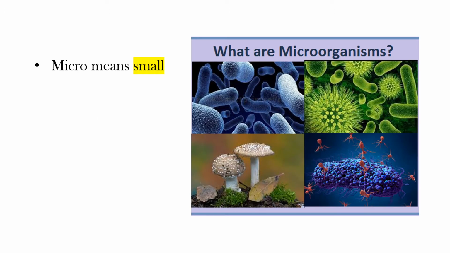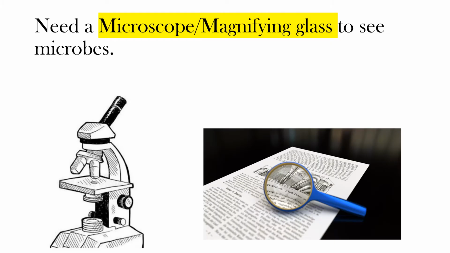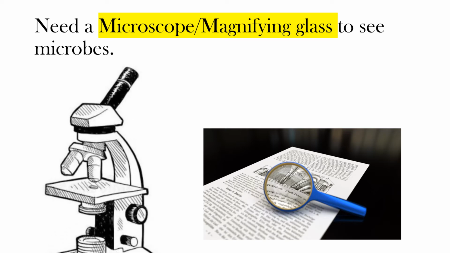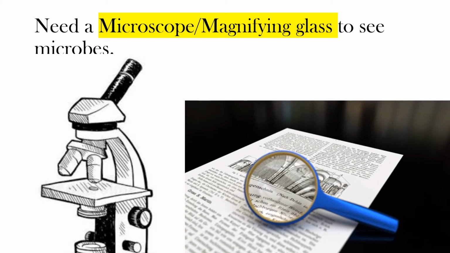So what are microorganisms? The word micro itself says that they are so small that we cannot see them with our naked eyes. Microorganisms are also called microbes. What we need is a microscope or a magnifying glass to see microorganisms.